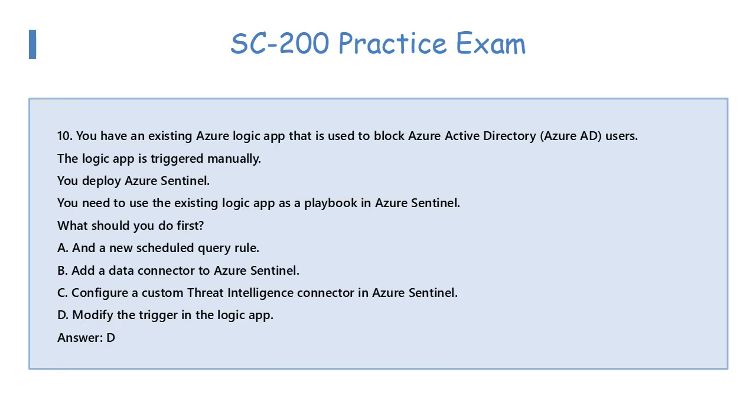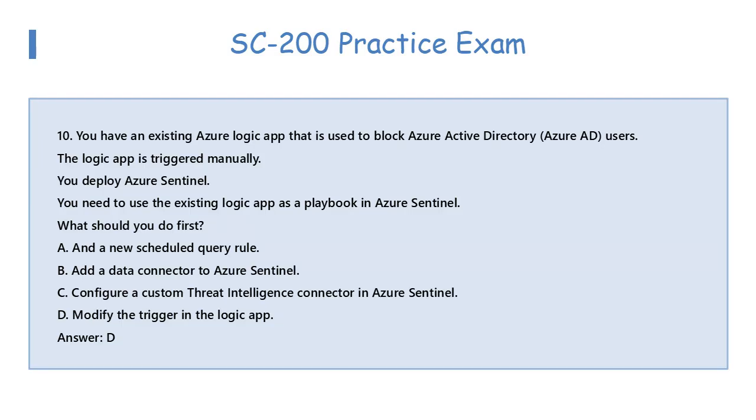10. You have an existing Azure Logic app that is used to block Azure Active Directory, Azure AD, users. The Logic app is triggered manually. You deploy Azure Sentinel. You need to use the existing Logic app as a playbook in Azure Sentinel.